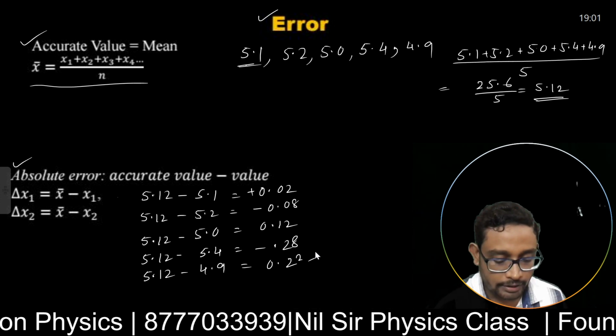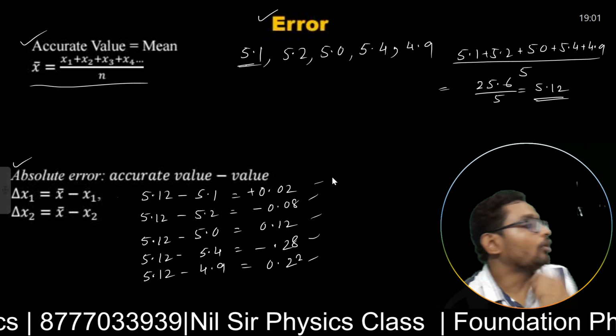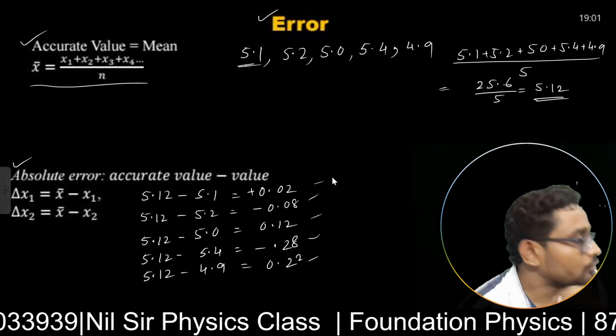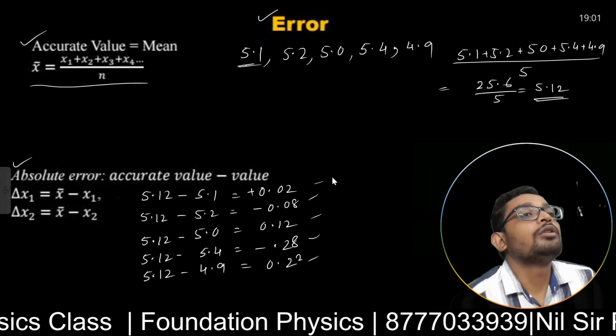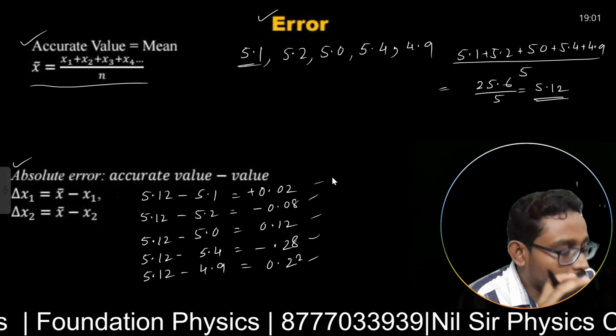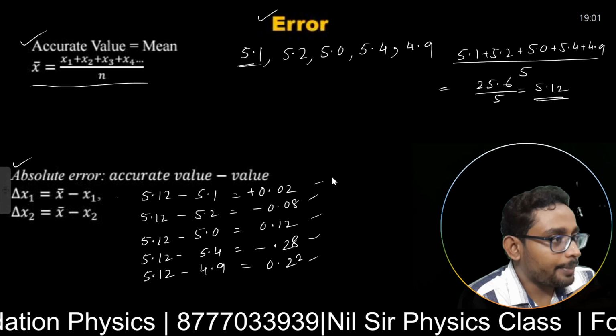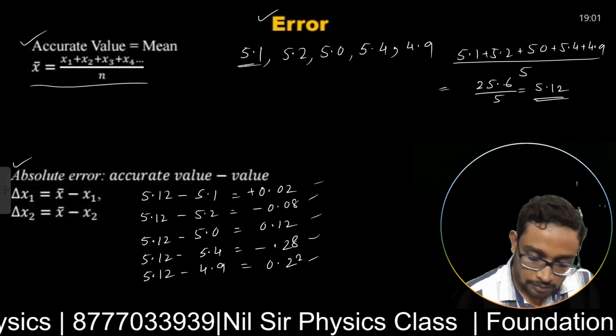So this will be the error you got from this, right? So this is the accurate value minus the value you observed every time, right?